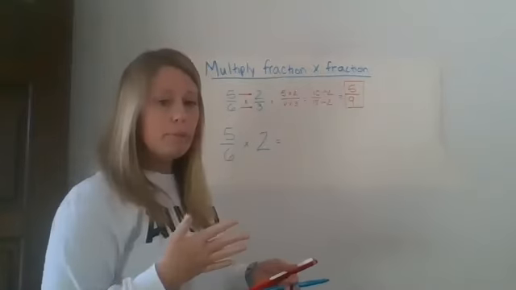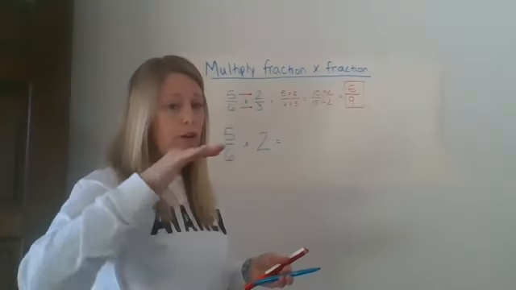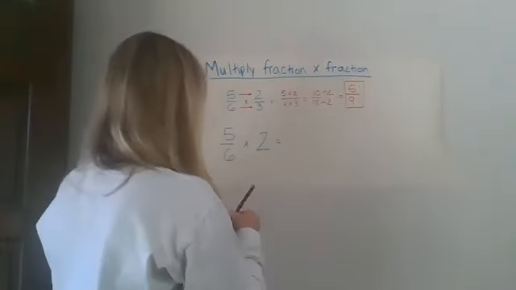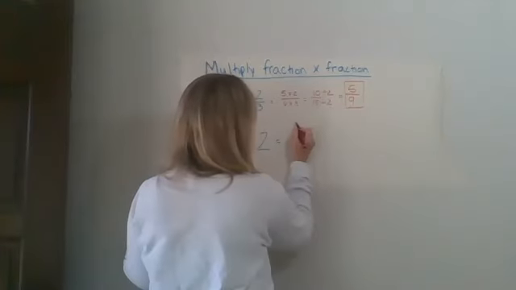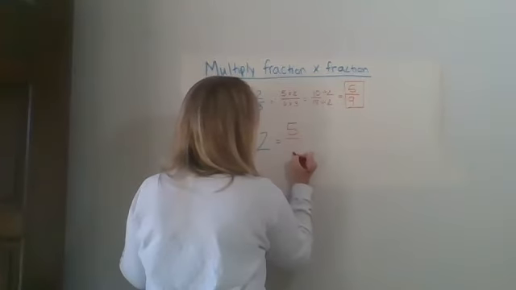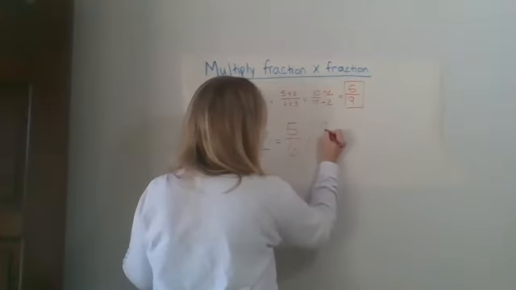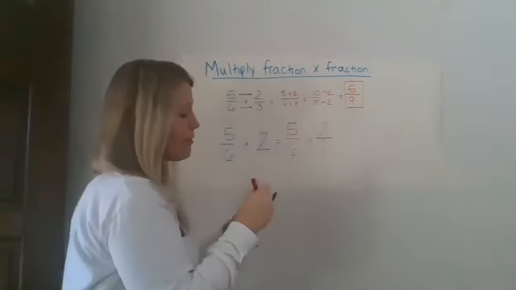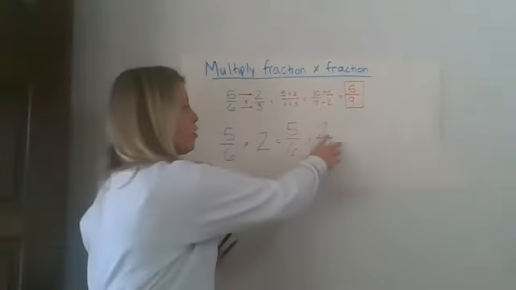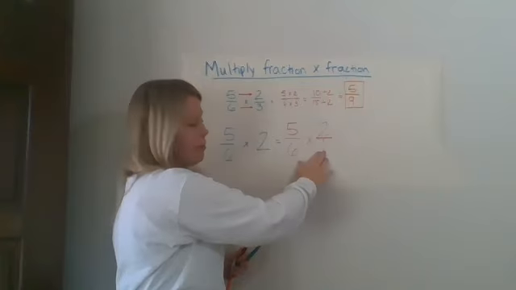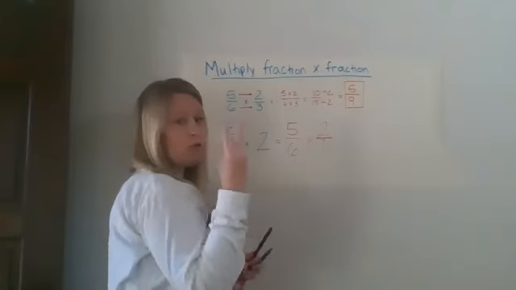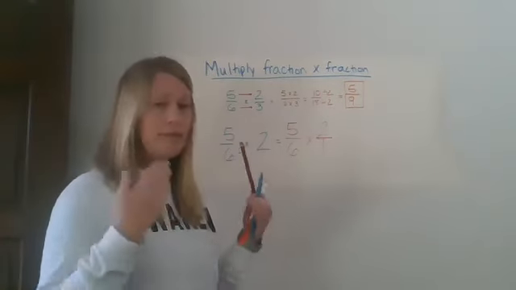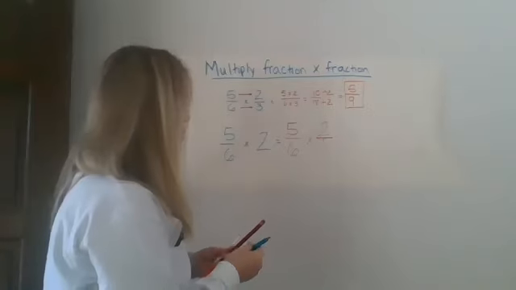When you have a whole number, you put that whole number over the 1, okay? So my new problem would be 5/6 times 2/1. And that's because if I were to then divide that whole number, because this is considered an improper fraction, 1 would go into 2 whole times, that would give us our whole number back, okay?